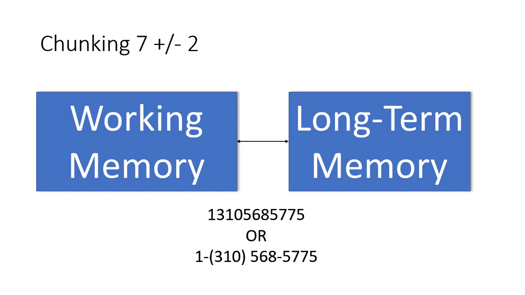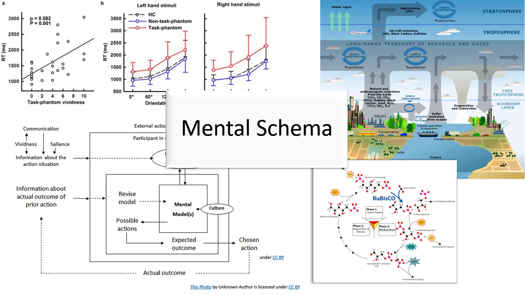So this idea of chunking is really all about how we store information, how we keep it in our working memories long enough to process it and then get it into our long-term memories. And when we get into long-term memory, that's what we would consider to be deeper learning, because we know we can reliably go back to that long-term memory and recall that information in the future.